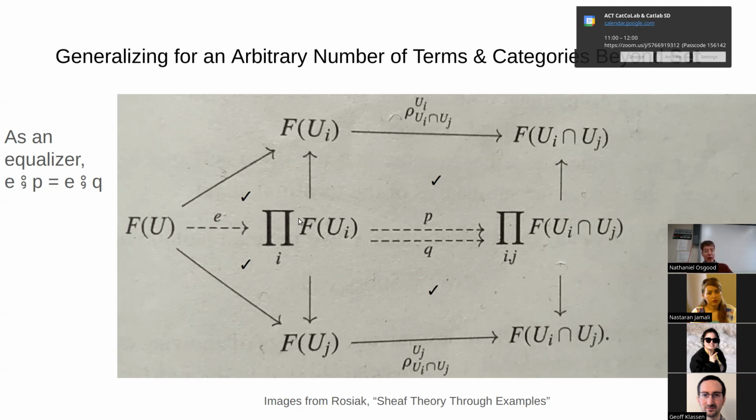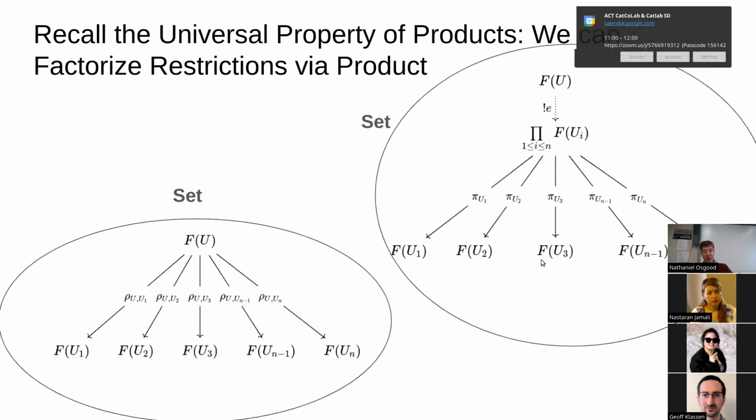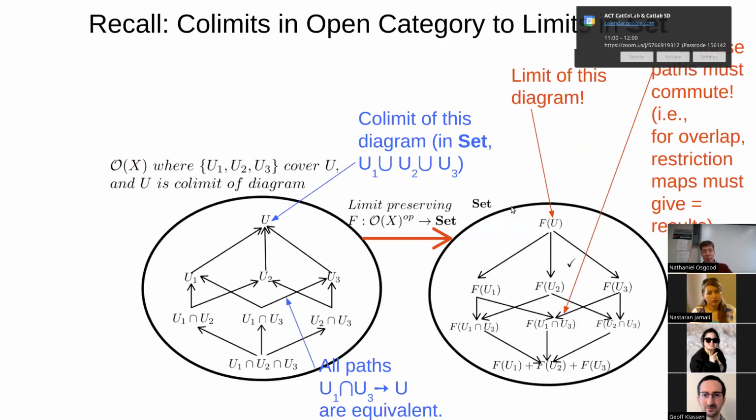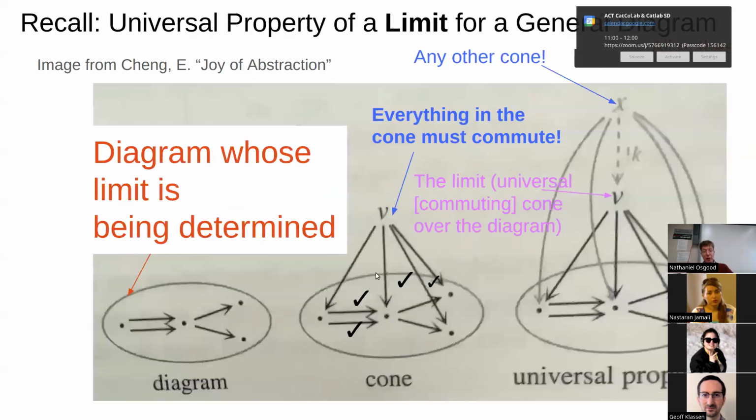They are kind of like having this product, but the product is such that everything has to agree in terms of all of its restrictions. That's one way. Or alternatively, if you're comfortable with the idea of a limit, you're comfortable with an idea that makes everything commute here.